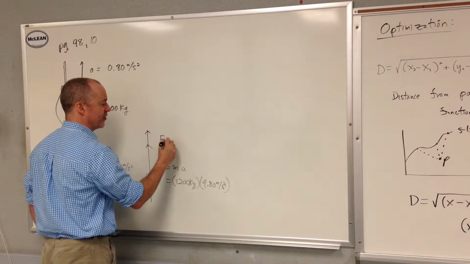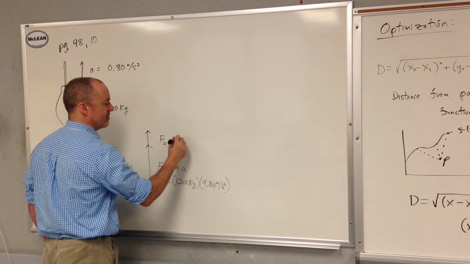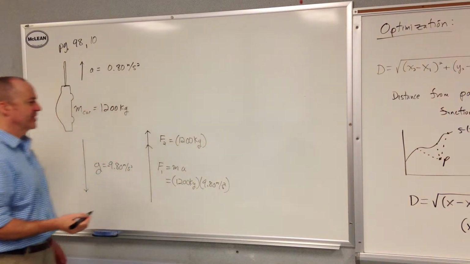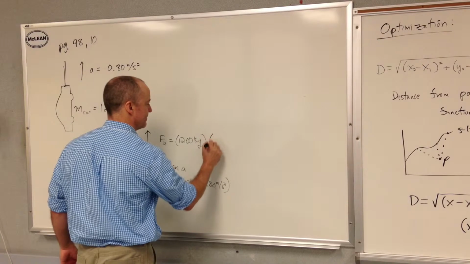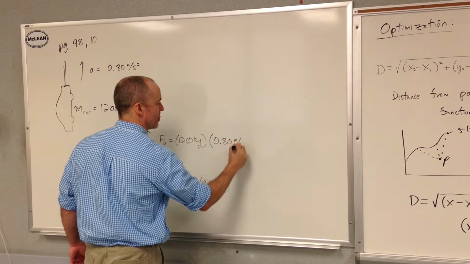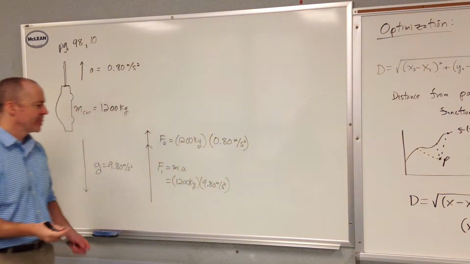So my additional force vector, we'll call this F sub 1, this F sub 2, is the mass of the car, which hasn't changed. The kidnapped victim has not suddenly jumped out of the trunk while this is happening. We also need an additional 0.80 meters per second squared of acceleration.